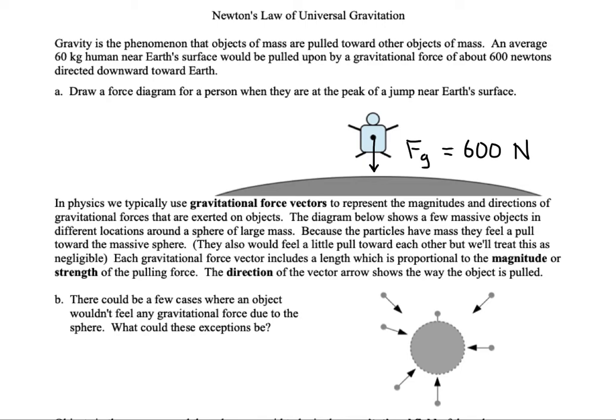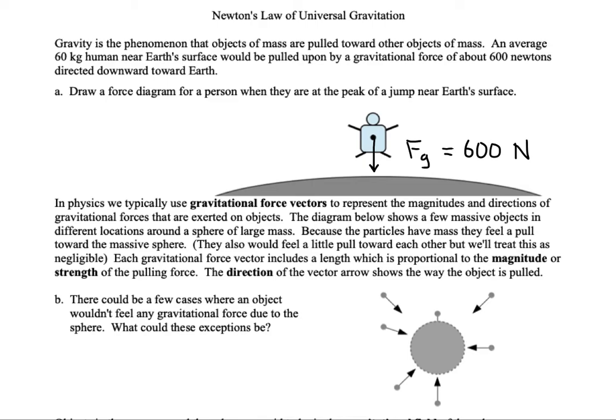And if you check out the diagram in the lower right, you'll see several point masses surrounding an object presumably of large mass. The diagram is supposed to represent a large sphere of mass, such as a planet, and several point masses around it. Because all of those objects have mass, they'll all feel pulled toward the center of that massive sphere.